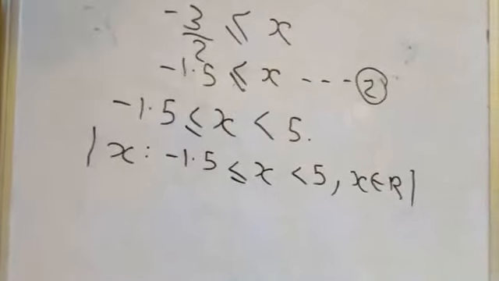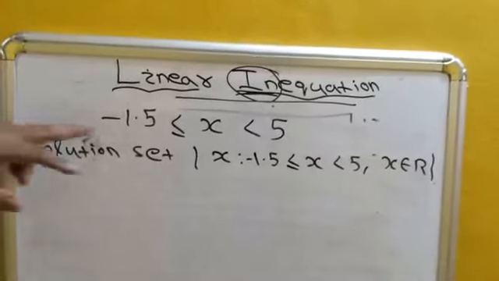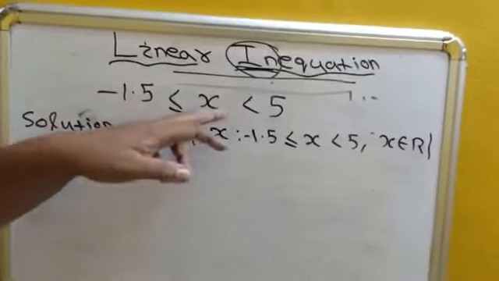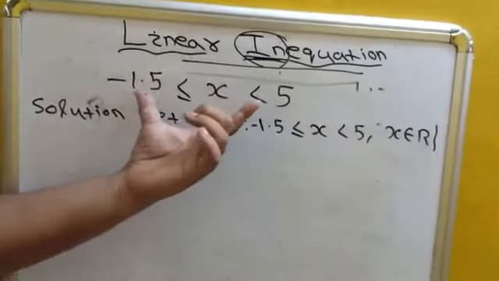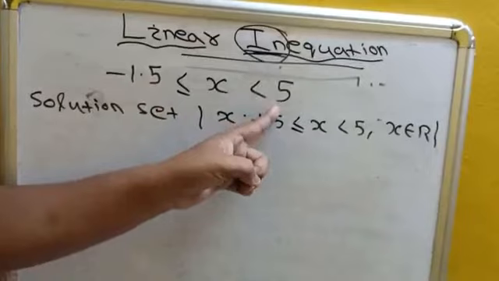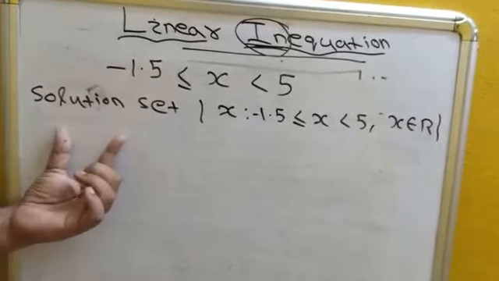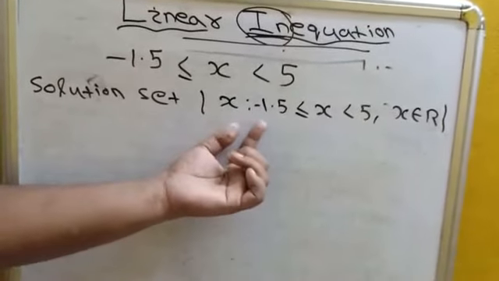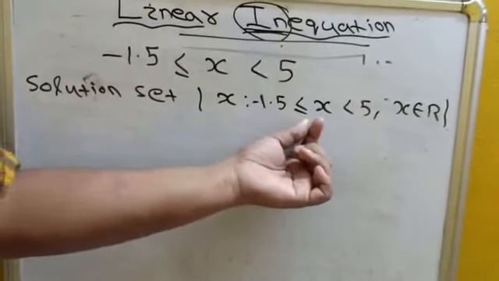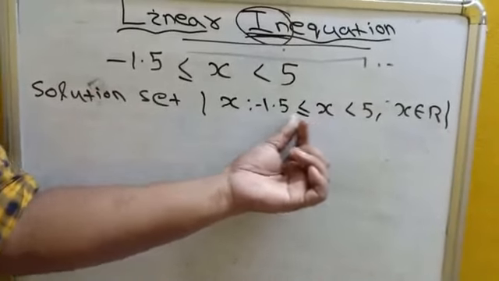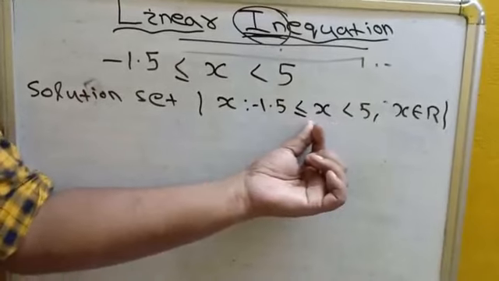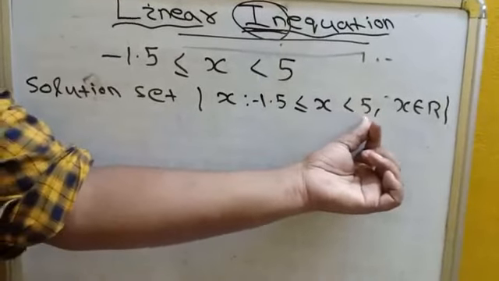What is the range? Minus 1.5 to 5. The solution set is minus 1.5 less than or equal to x and x less than 5.